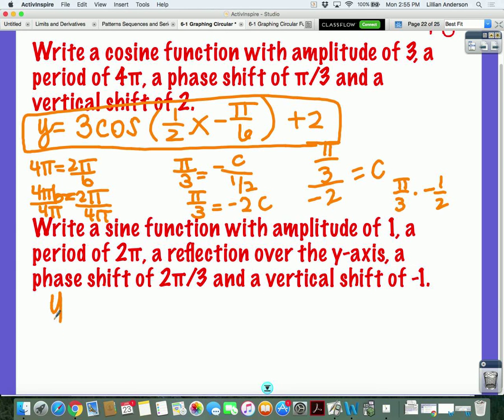Last one, we have y equals sine. Because what's our amplitude? What's our A? 1. So it's just 1 sine, which is just sine. That's an S, not an 8.